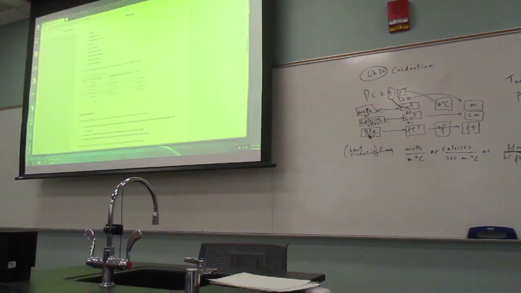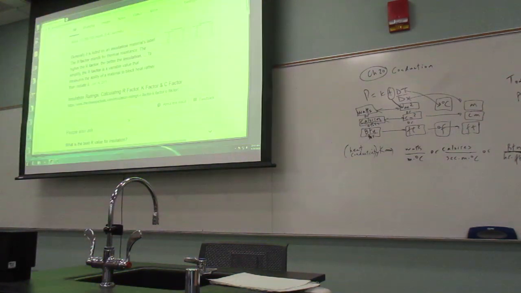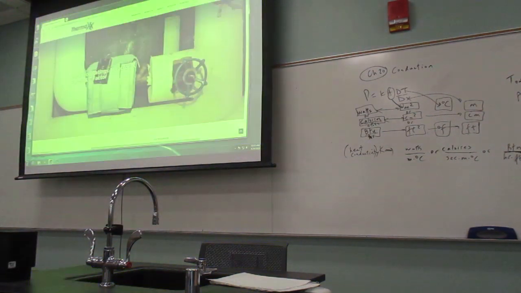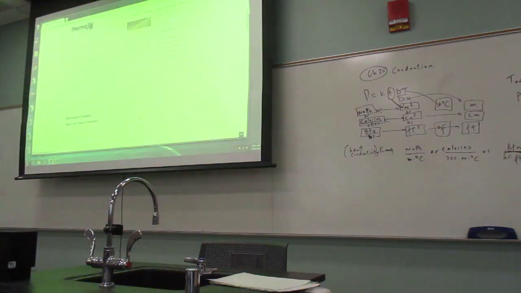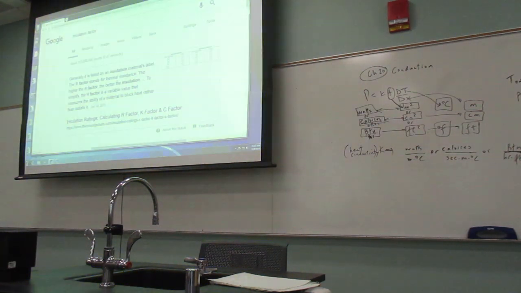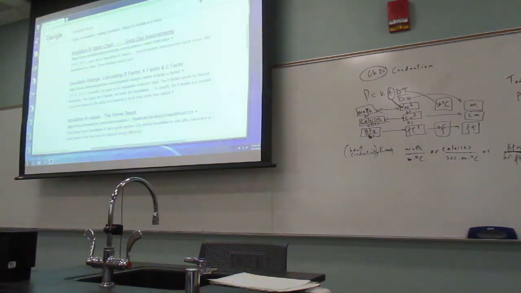So before we look at different R values, let's see how they're defined. I want to first see the definition, then look at insulation factor.